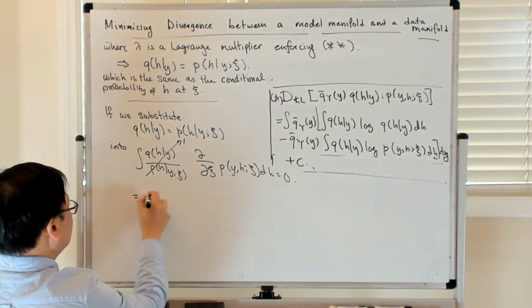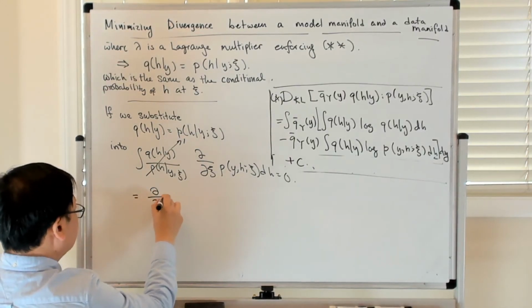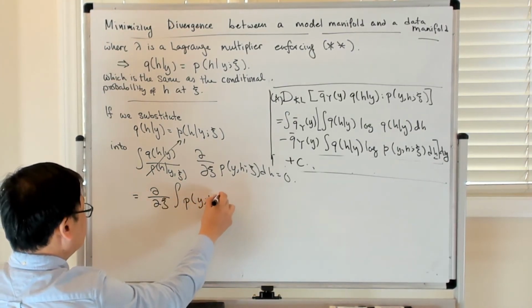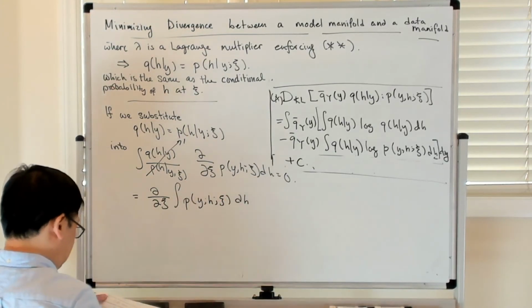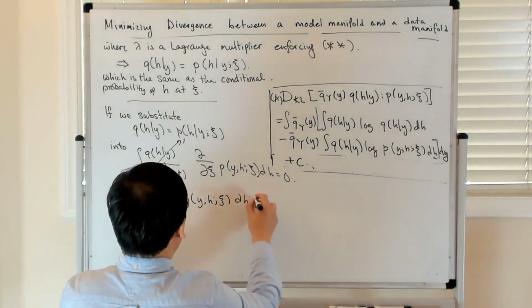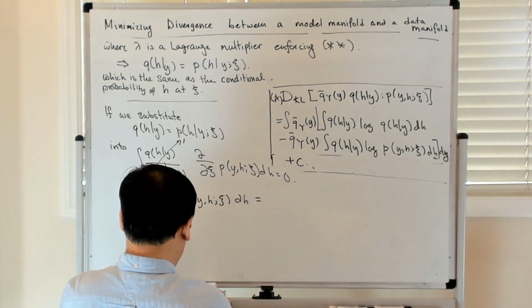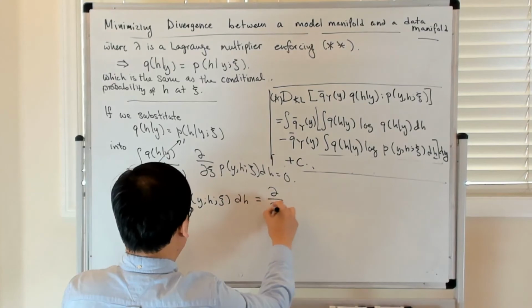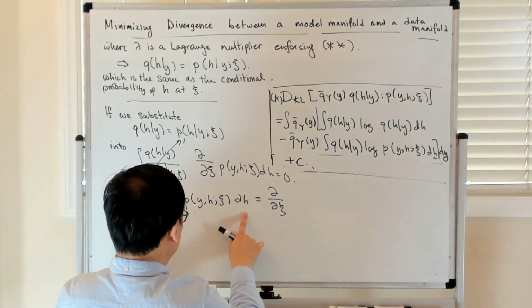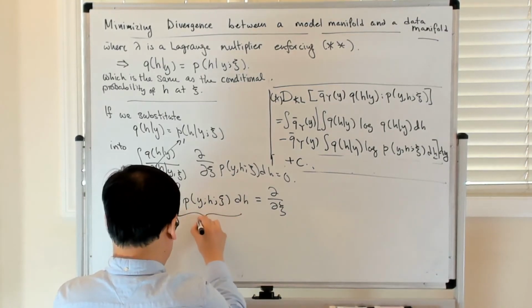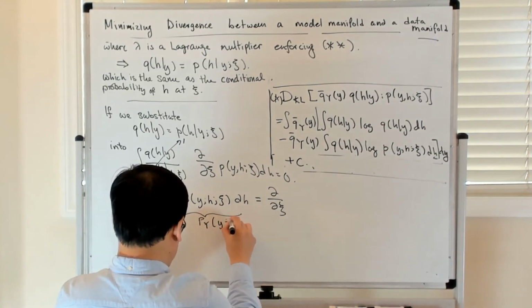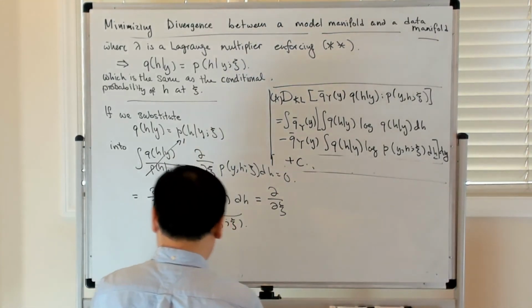So this gives me the partial with respect to C of the integral of P(Y, H; C) dH, which is just the marginal distribution, P_Y(Y; C).